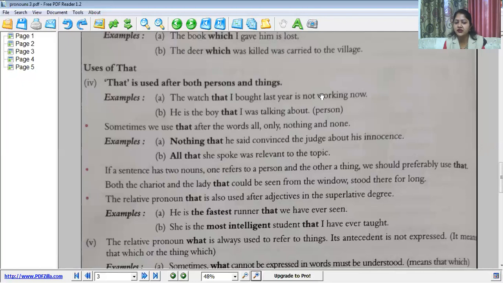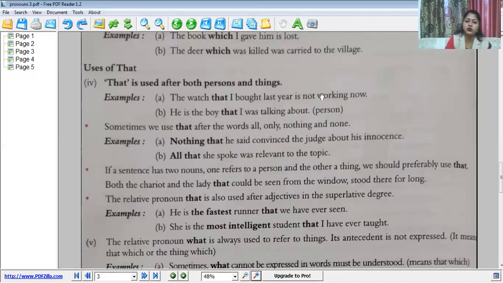Here they are emphasizing the relative pronoun that. And see the next sentence, most intelligent. You will not underline these as relative pronouns. They are adjectives, children, but to show more emphasis they have put them in bold. She is the most intelligent student that I have ever taught.